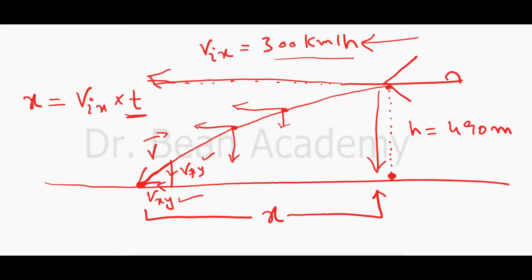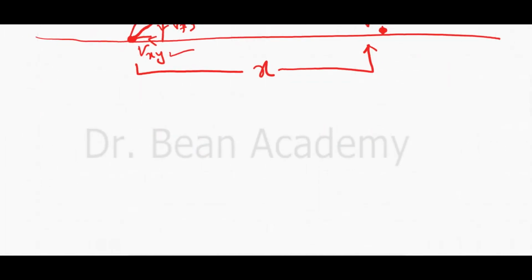And I told you that you can calculate this time t because they gave you the height h. This time t is for an object dropped from a point to the ground, where the height is 490 meters, and its initial velocity Viy is equal to 0.